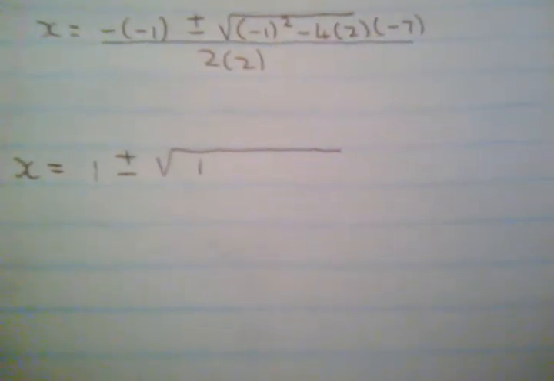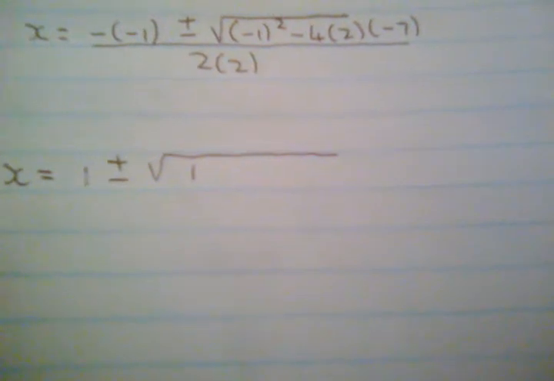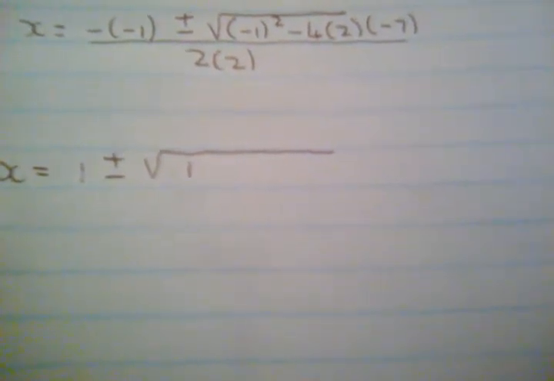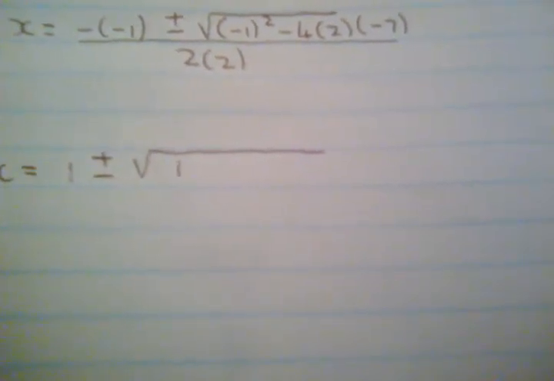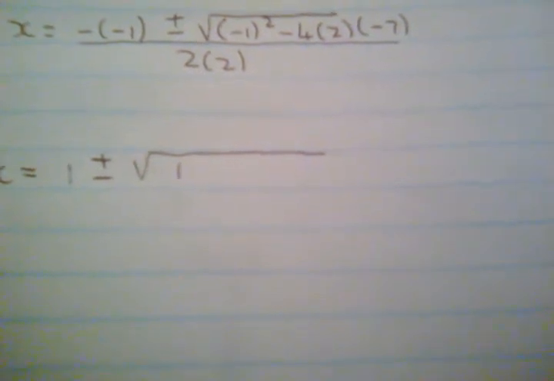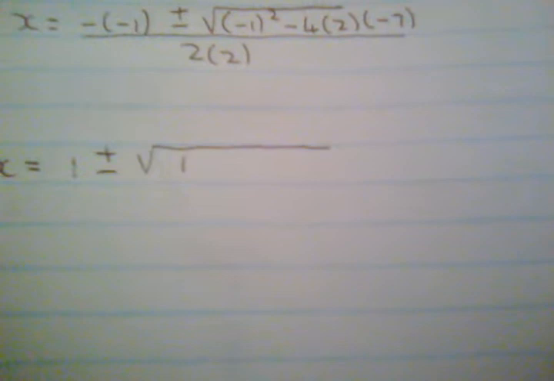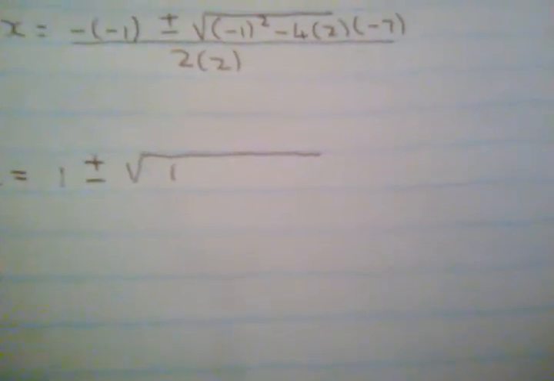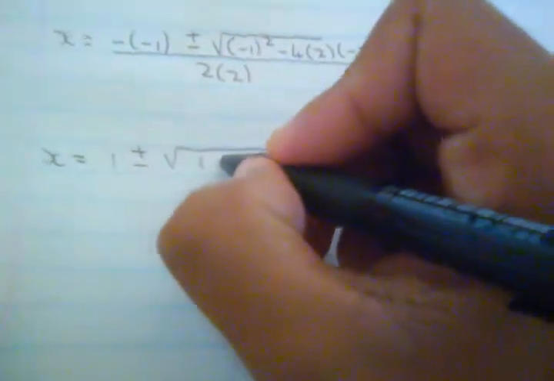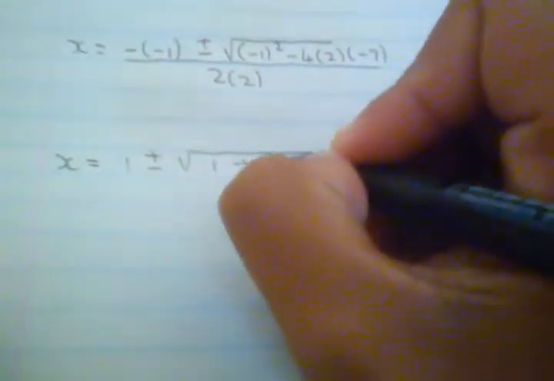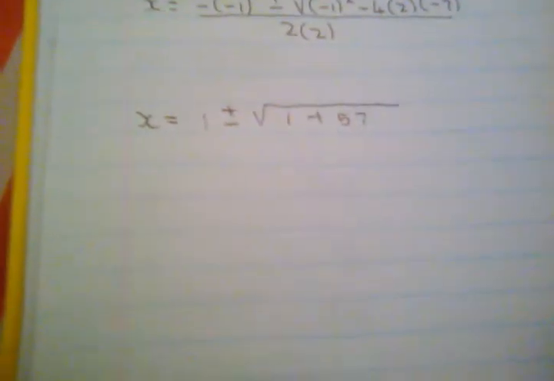It's negative 1 squared is 1 as I wrote it down. Then negative 4 times 2 is negative 8. Negative 8 times negative 7, it's 57, not negative 57. So we will write plus 57. Okay, as you see, I wrote plus 57.